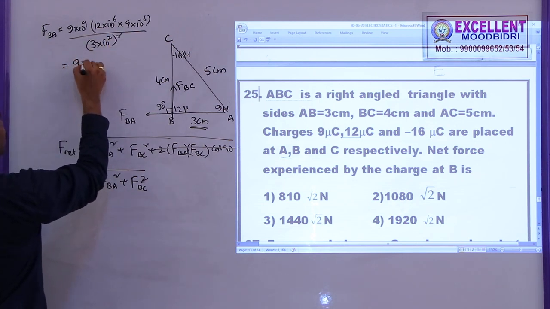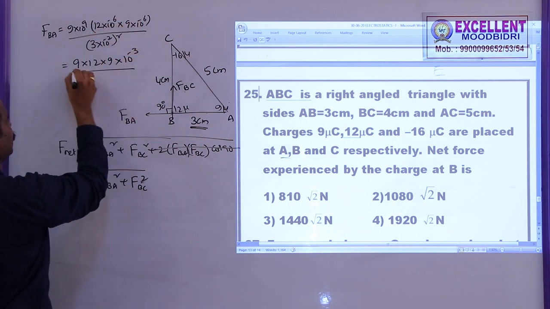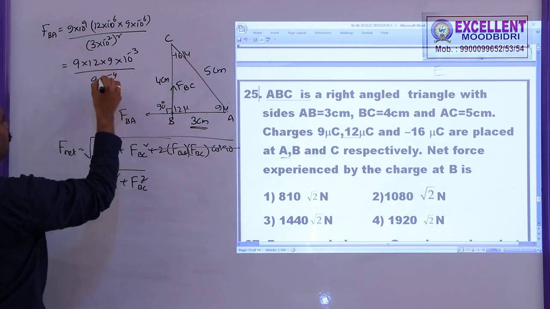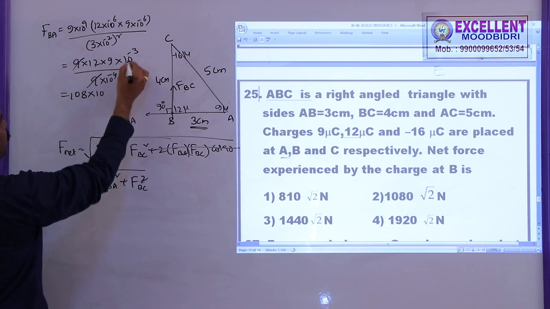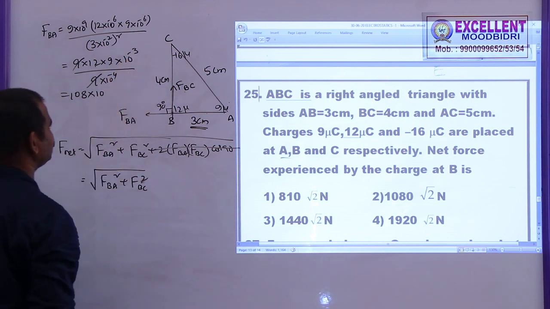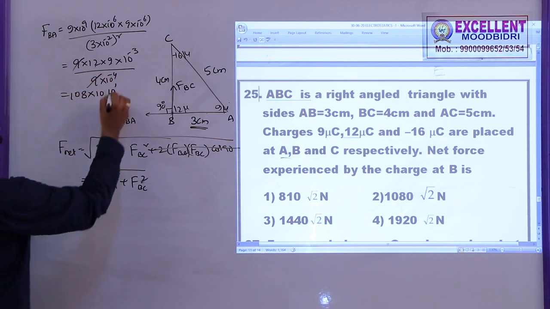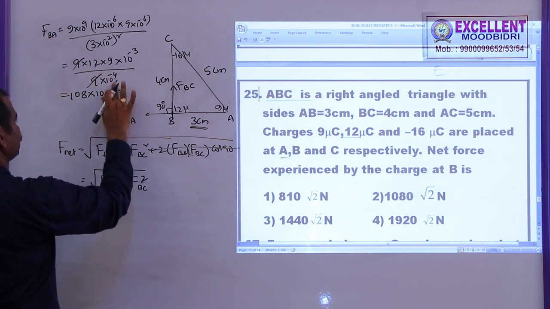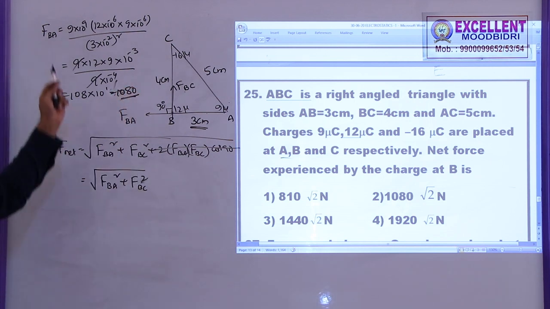So now 9 into 12 into 9 into 10 power minus 12, by 9 into 10 power minus 4. The 9s get cancelled, 12 9s are 108. 108 into 10 power, when it goes up plus 3, so this will become 10 power 1, so this is 1080. So this is FBA.